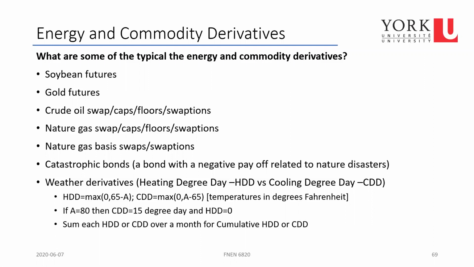Let me use that term rather than asset. Here I put in some examples. For example, in the soybean future, the underlying asset is actually soybean, a real material. Crude oil and natural gas are industrial materials used as inputs. In catastrophe bonds, what is really related to is certain measures of natural catastrophe, right?